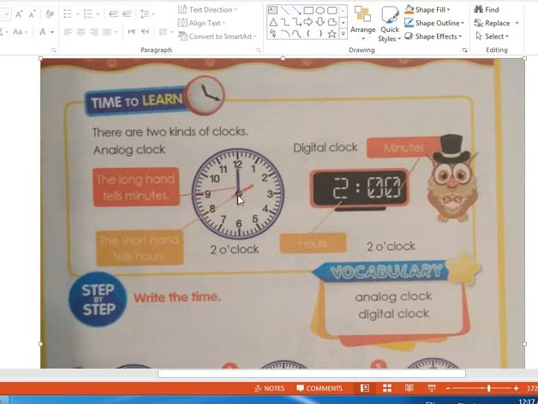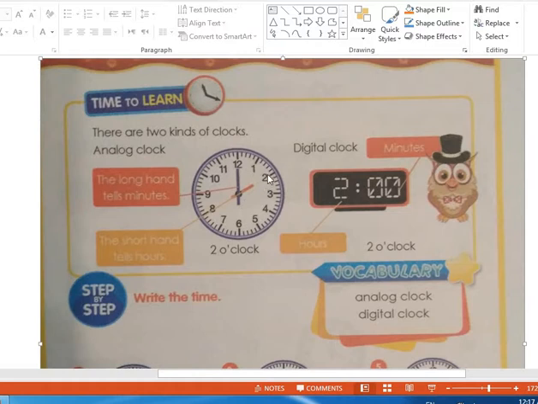So the purple one tells me the minutes, and the short one, the red one, tells me the hours.